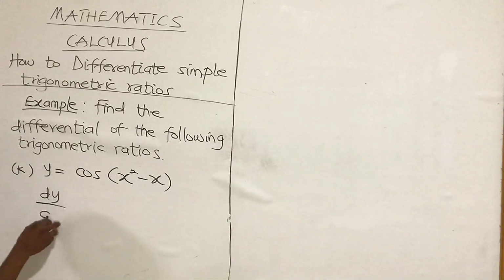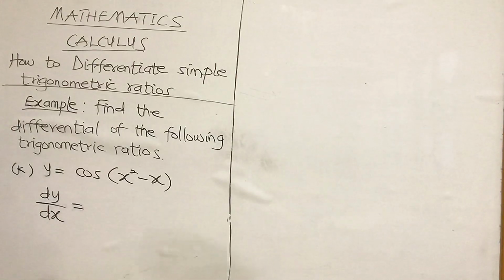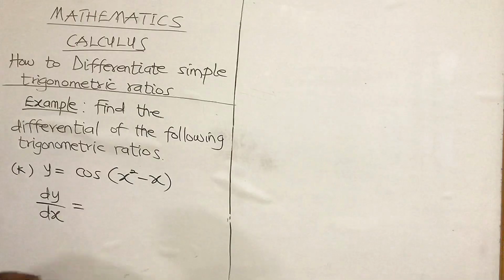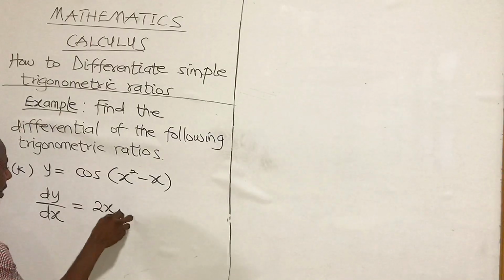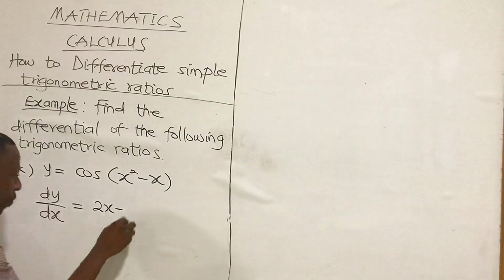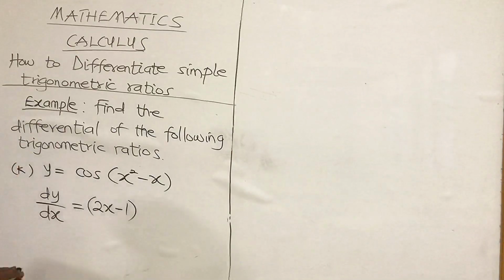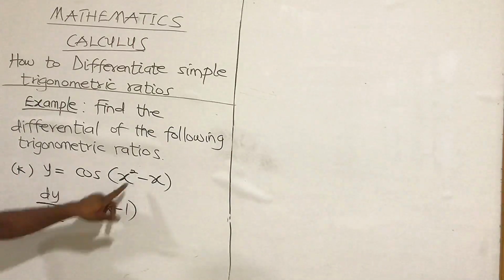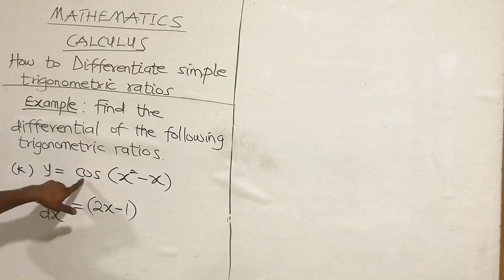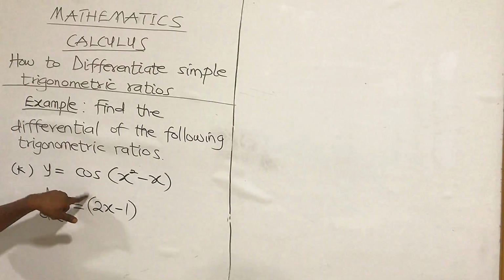Now let's get this particular example. Dy over dx is going to be, we are going to first of all differentiate from the bracket. The differential of x squared is 2x. When you differentiate x, we have 1. Then we now differentiate the cos itself.